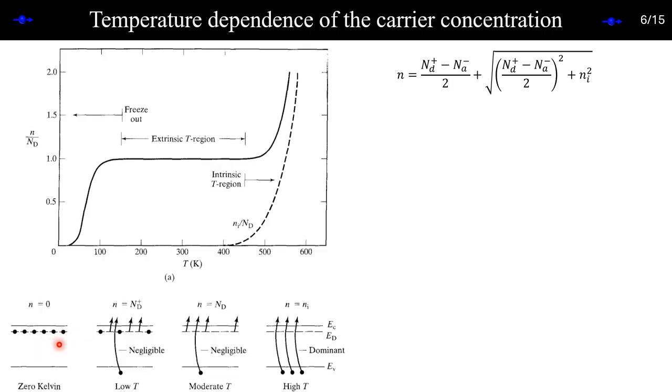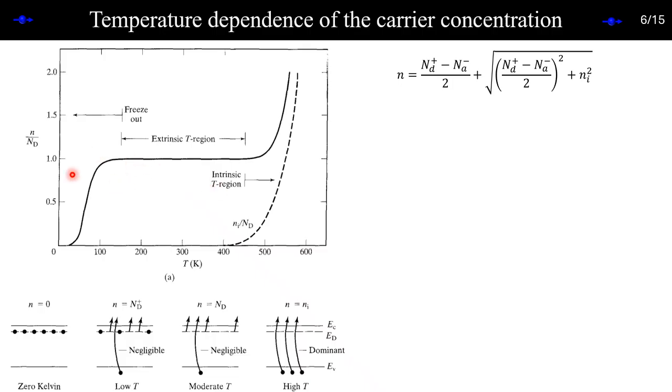But when you slowly increase the temperature, this starts ionizing. And if it is fully ionized, then you can say this Nd plus is Nd. Is this clear or not? At low temperature, not all the donor atoms are ionized. That's all.